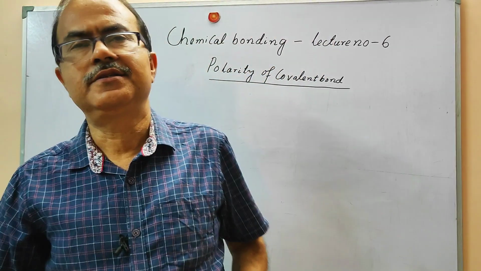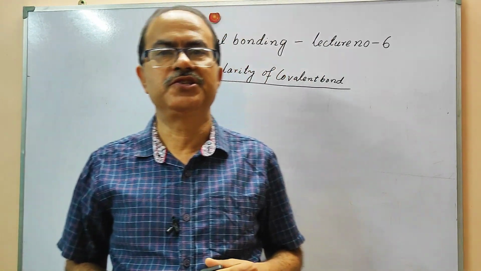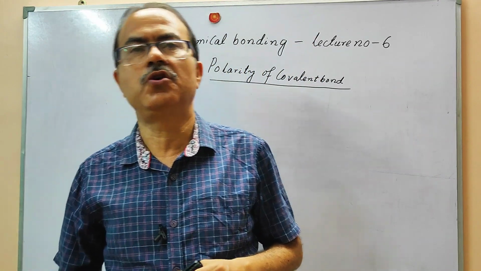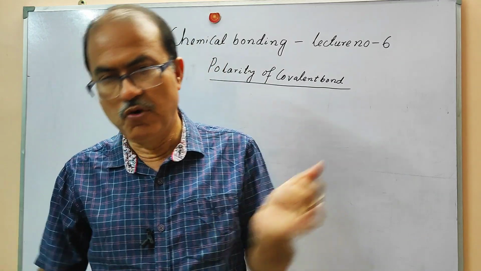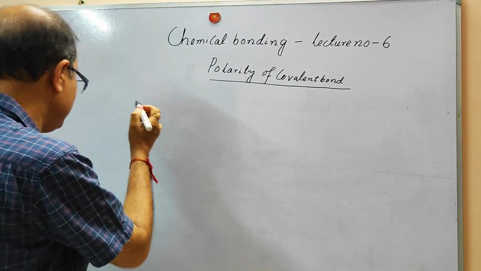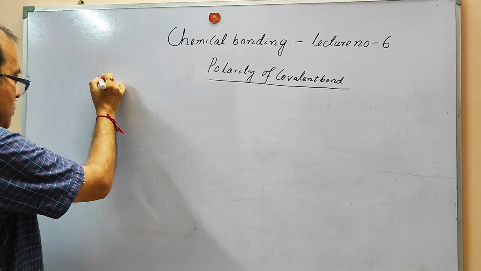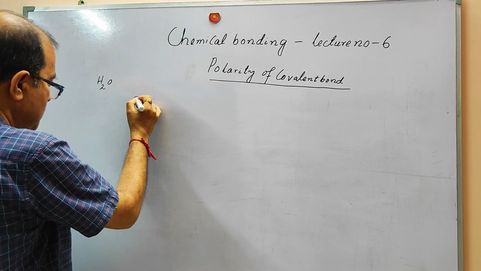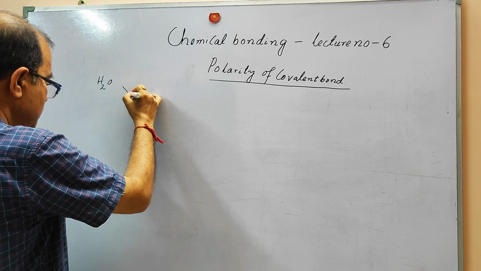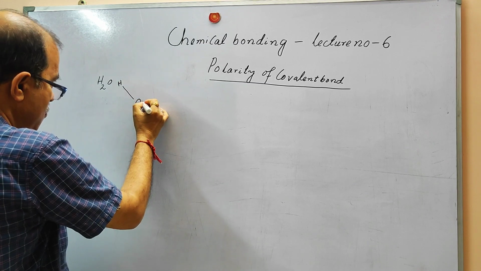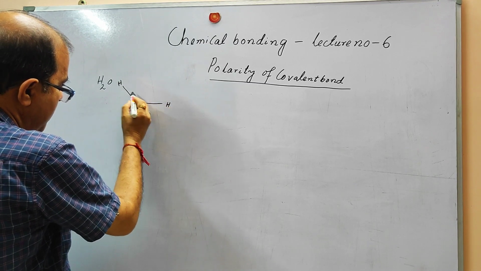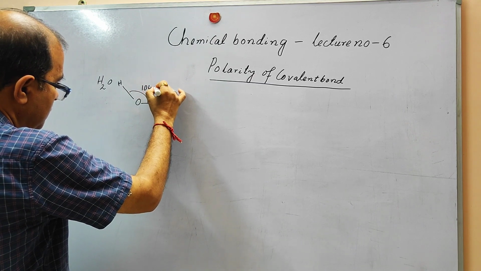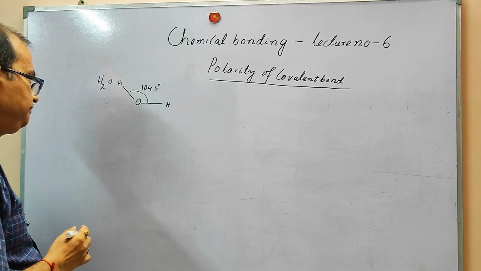Now we are going to discuss how we can measure the bond polarity, the dipole moments, of polyatomic molecules. Polyatomic molecules, like H2O. H2O is a polyatomic molecule. In this case, there are two bonds instead of one bond that we have already discussed, and it has a bond angle, which is this.